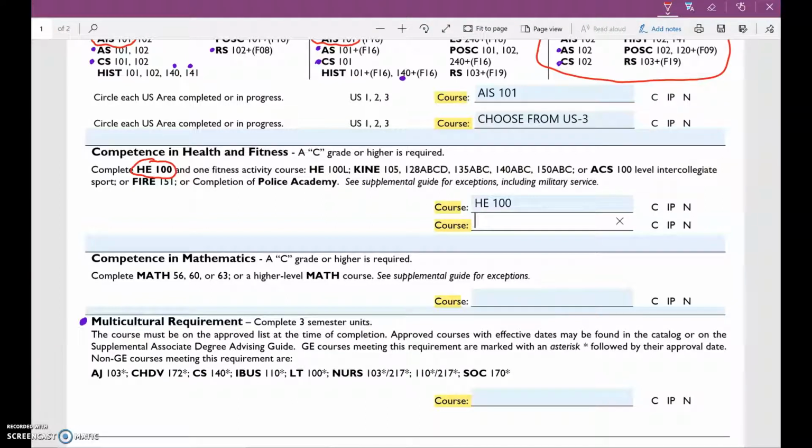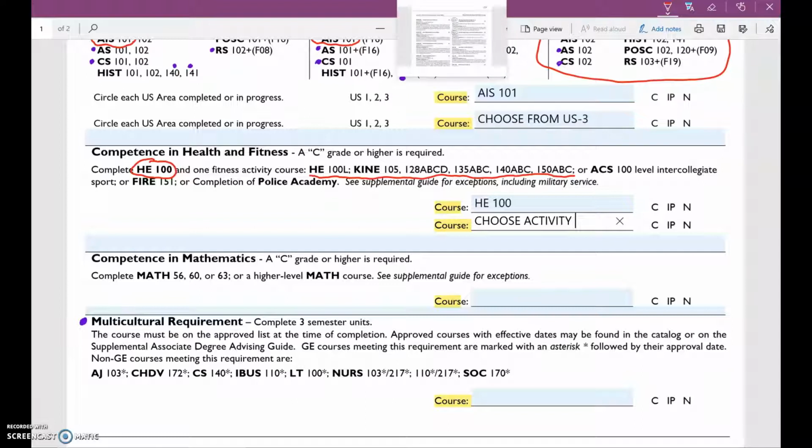And then the second course that you have to take is an activity course. So you will choose an activity, and the ones that you can pick from are here. I'm not going to go over what each one is because you're going to look in the catalog to see what those courses are all about, and then choose the one that you like the best.